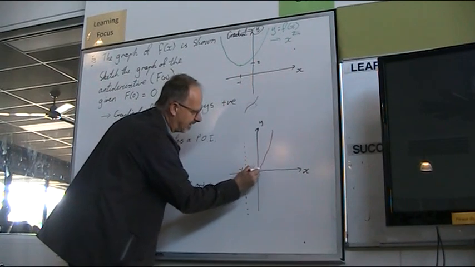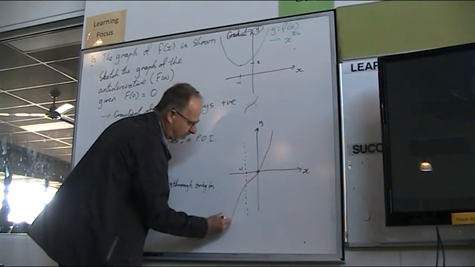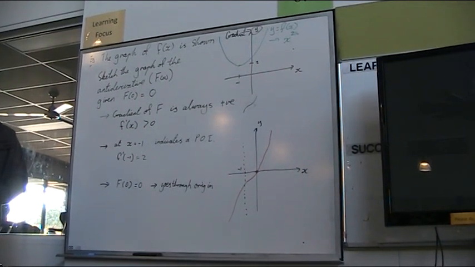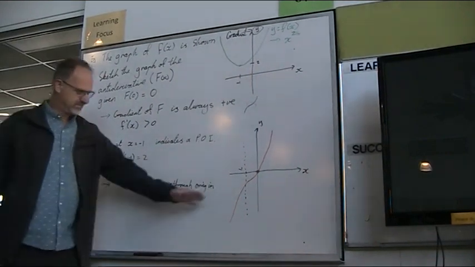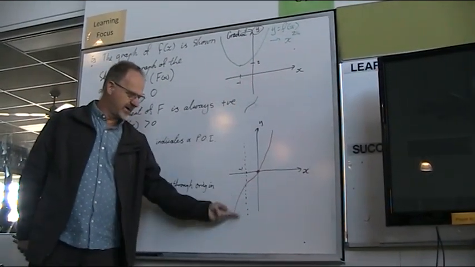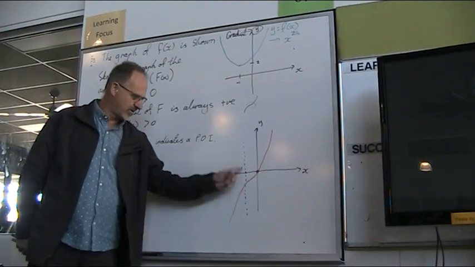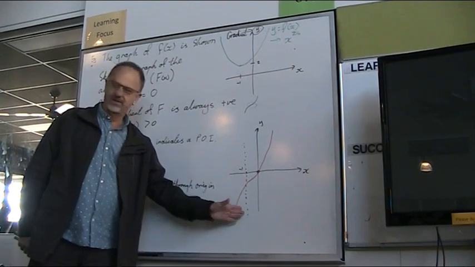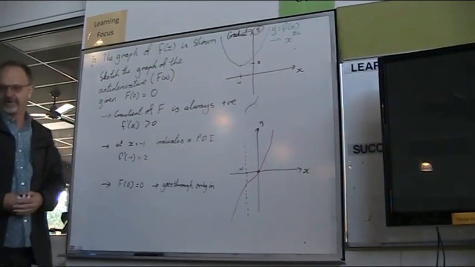So come down here, something like that. And we'd need more information to know precisely how steep and precisely whereabouts it is. But we know it's somewhere along that line. We know it's down there, but precisely where we'd need more information.